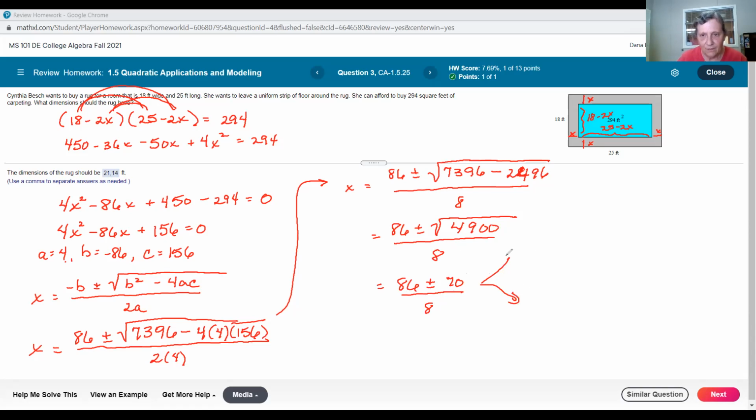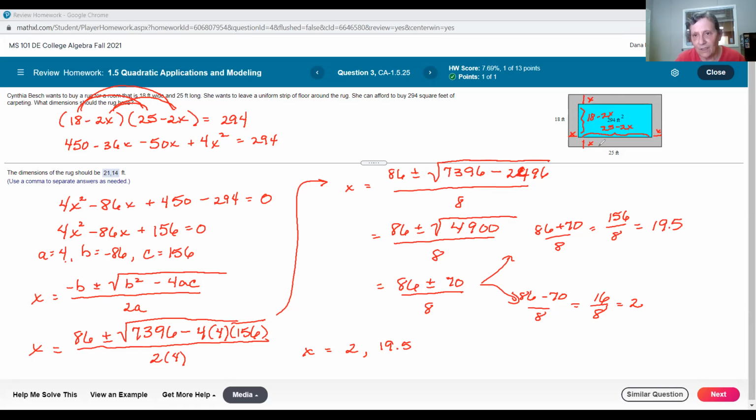Splitting this up, we get 86 plus 70 over 8, and 86 minus 70 over 8. Here we have 156 over 8, which is going to be 19.5. This is going to be 16 over 8, which is 2. So we have two answers for x. x is 2, or x is 19.5.